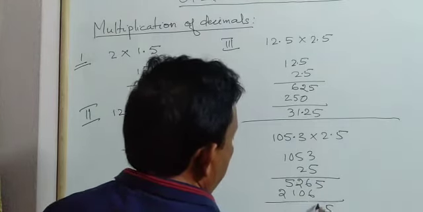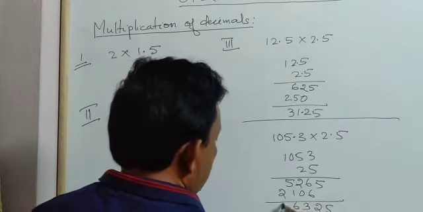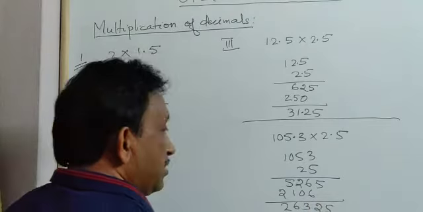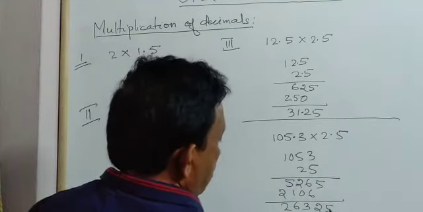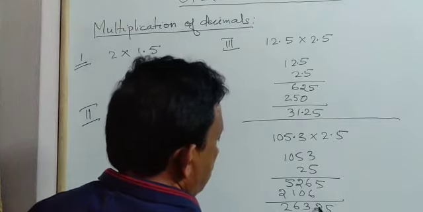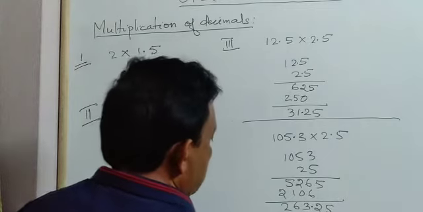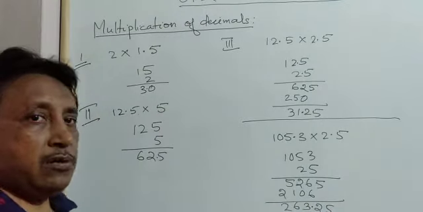So 26325. Now total number of digits after the decimal place, 1, 2. So I'll start counting from the right hand side in the answer, in the product. 1, 2. So the decimal will come here, 263.25. Next I'll show you the division.